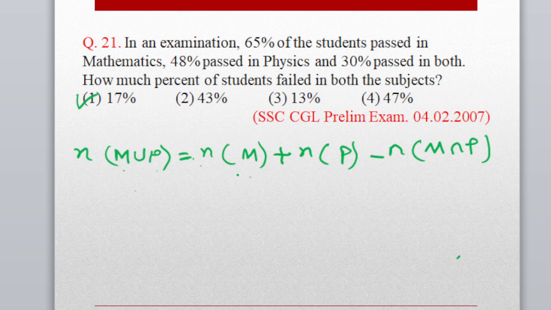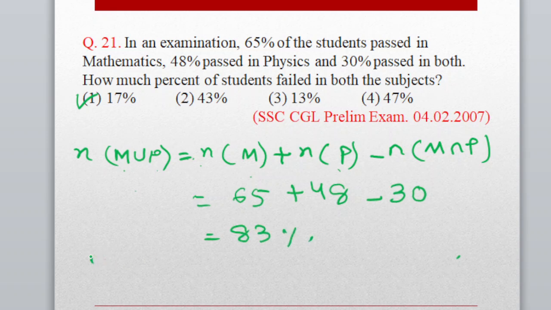This is the pass percentage in mathematics, this is the pass percentage in physics, and this is pass percent in both. Now this is equal to 65 plus 48 minus 30. So after solving, we'll get it as 83%.